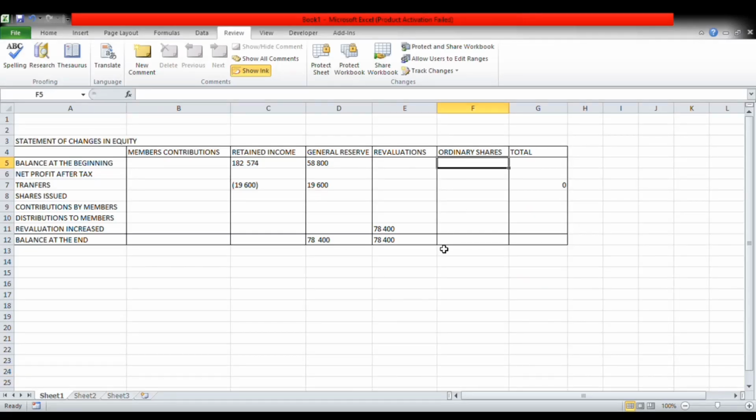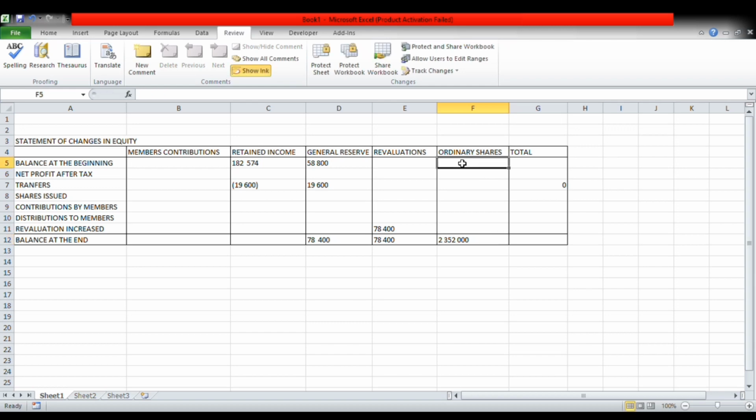So the amount for ordinary shares was 2,350,000. So even here is going to be 2 million. Is it 2,350,000? 2,352,000, right? 2,352,000. 52,000.